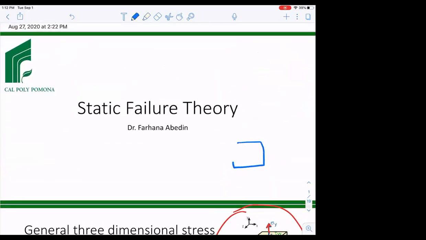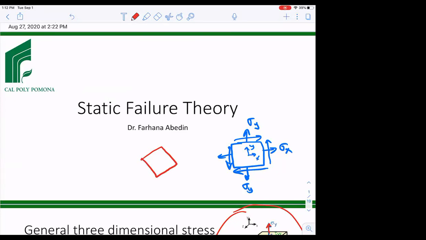Say for example, you have this case. This is the X direction, this is the Y direction. So if you remember, in this plane, you have sigma X, sigma Y, you have shear stresses as well. Now, if you rotate this plane, now the plane is something like this. You rotated it about the x-axis, for example.